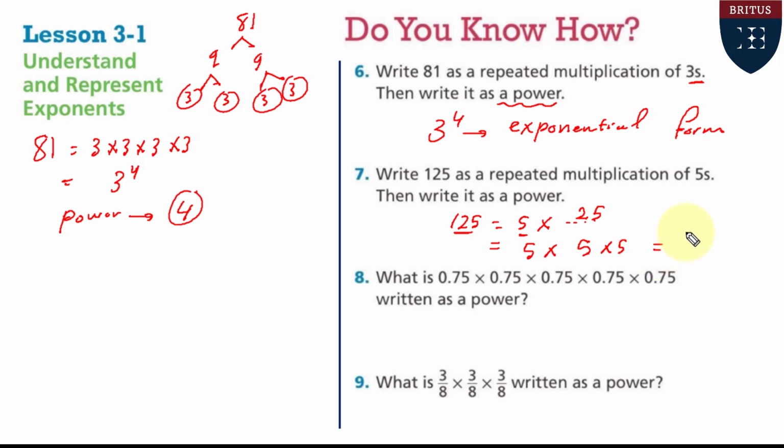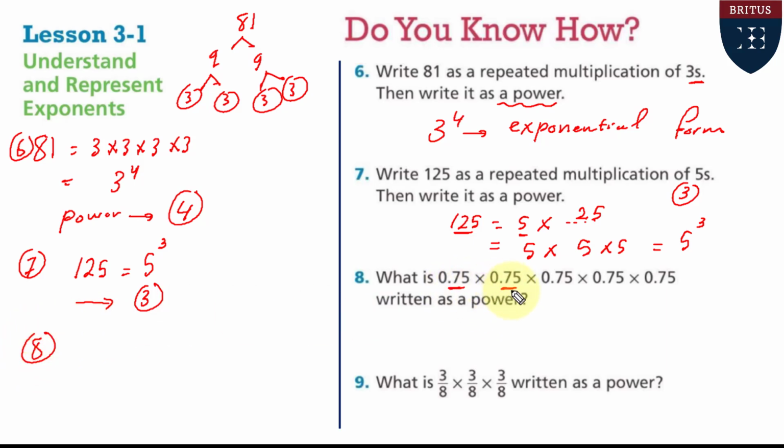We can write it as 5 raised to the power 3. Now, its power is what? Its power is 3, or its exponent is 3. Now, number 7, we can write 125 as 5 raised to the power 3. Its power is what? Its power is 3.